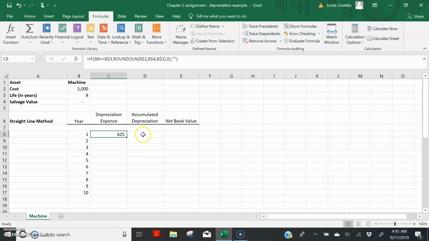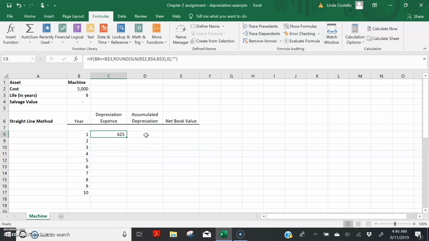Now let's talk about accumulated depreciation. As you all know, accumulated depreciation is last year's accumulated depreciation plus this year's expense. And that's precisely why I inserted this row at row 7 so that I could make this formula.